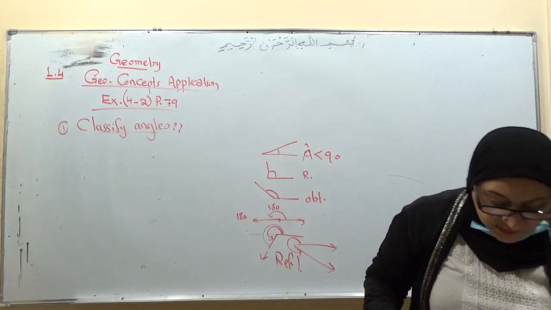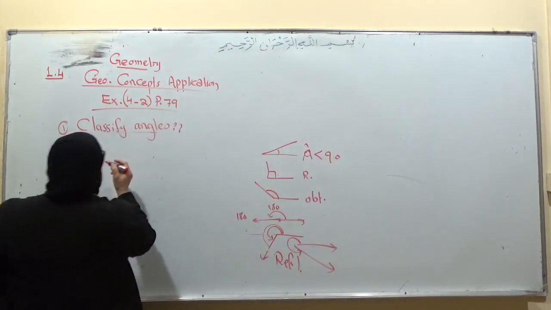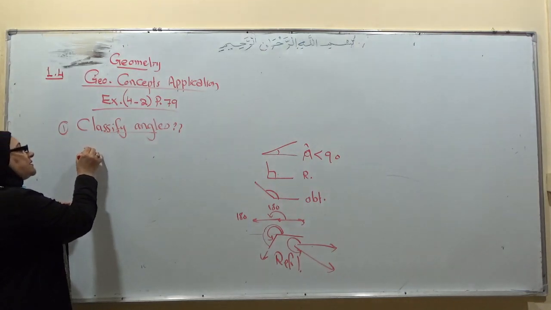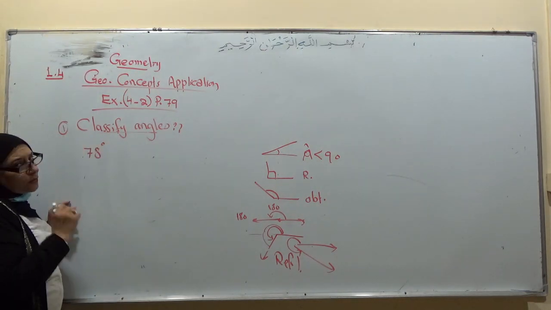First one, for example, 78 degrees. ممكن أكون مغيرة شوية عادي.